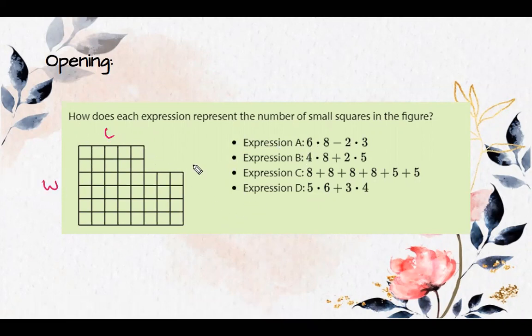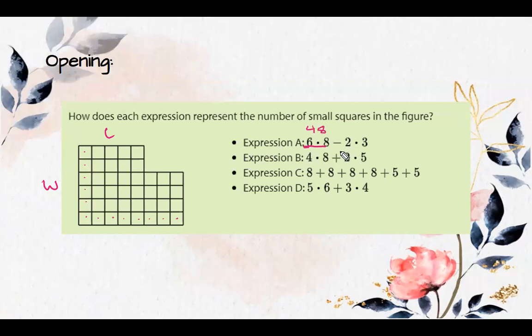So I'm going to start off by counting, watch. 1, 2, 3, 4, 5, 6. I see 6. Do you guys see 6? Okay. 1, 2, 3, 4, 5, 6, 7, 8. Do you guys see? Okay. So 6 times 8, that's where you see that, right? And 6 times 8 is 48.